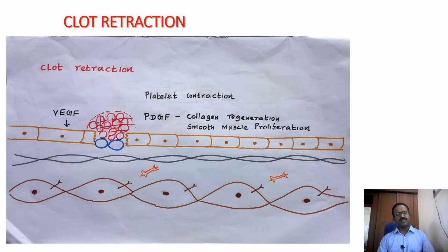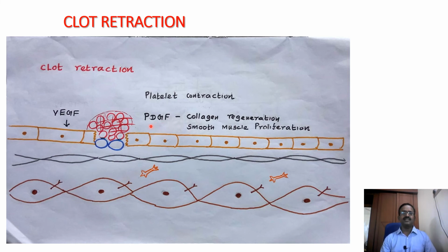Clot retraction is an important process after clot formation. It is important for wound healing. The platelet contraction tries to heal the vascular endothelium and seals the damaged endothelium.